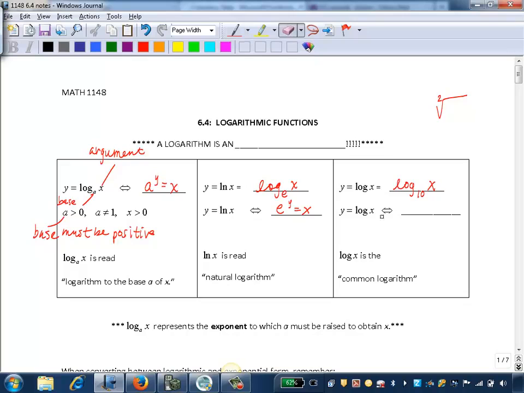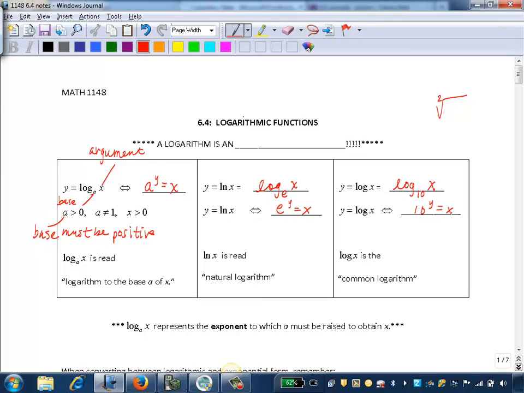Well, here, if the log is written without a base, we assume it has a base of 10. So then we can say that y equals log base 10 of x is the same as saying 10 to the power y equals x. So the first part of this section is just converting between logarithmic and exponential form.